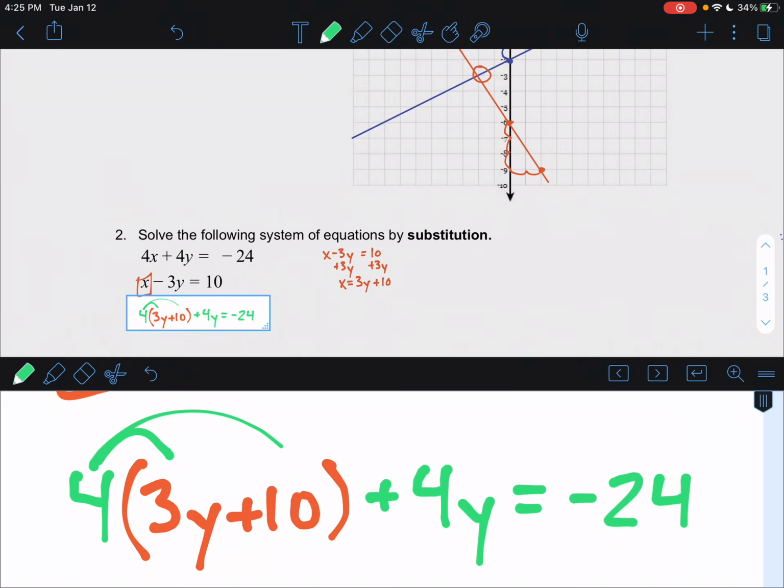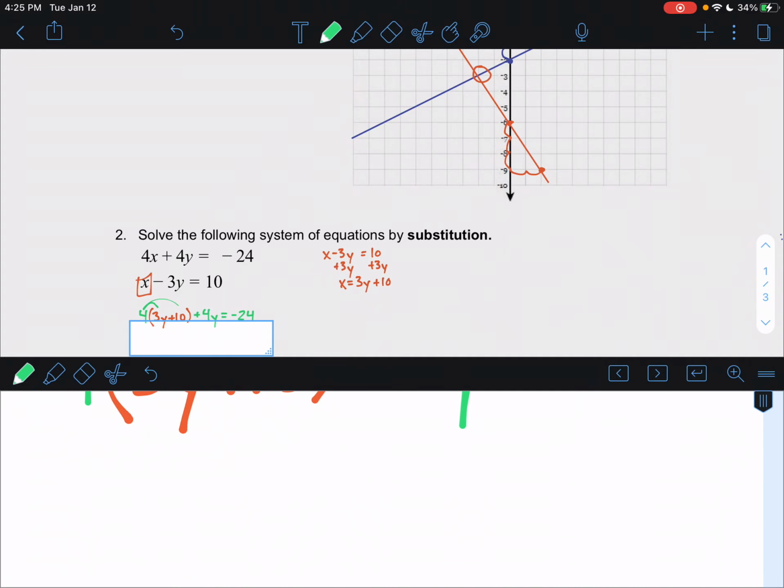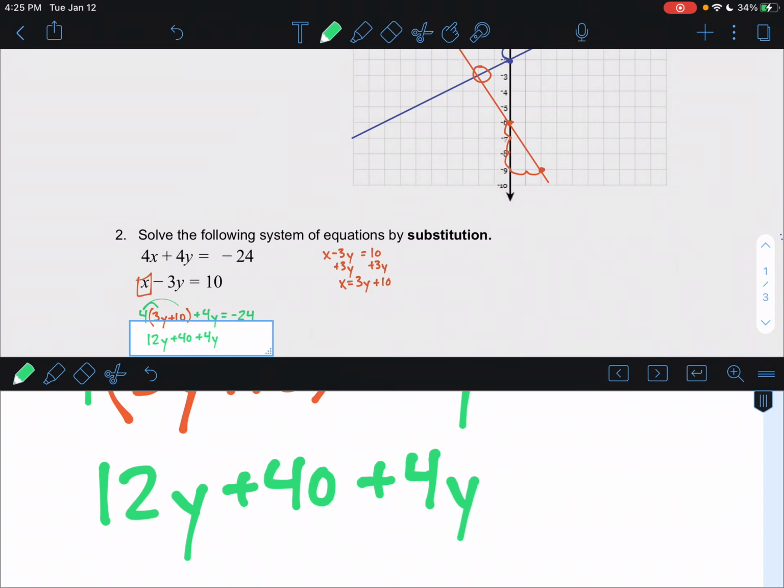I'll distribute, so now I have 4 times 3y is 12y, 4 times 10 is 40, and then I still have that plus 4y there on the end, equals -24.